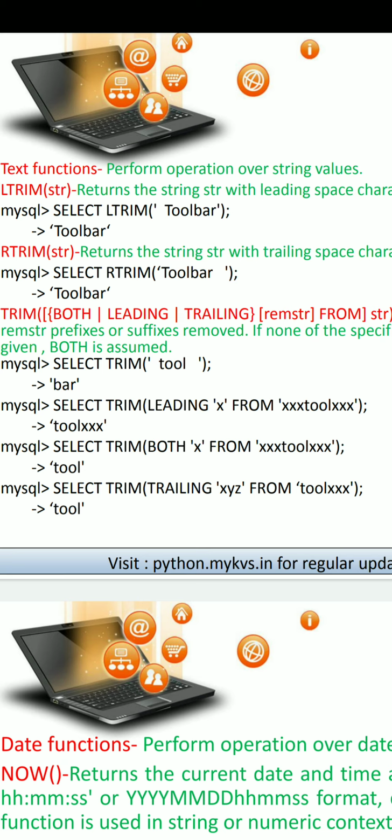Similarly, one variation is trailing, then we are writing substring here, xyz from 2, then x, here we should have xx in this string. It should remove right side string.